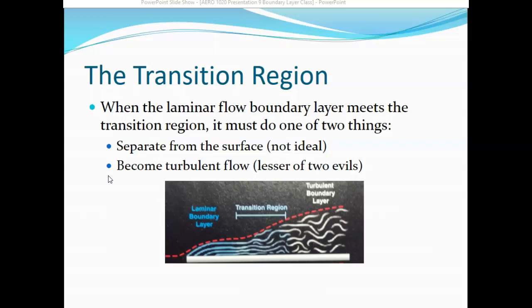So as you can see in this illustration, we start out near the leading edge of the wing with a smooth laminar flow of air. And then we have what's called the transition region. That's the region between the laminar flow and the turbulent boundary layer flow.